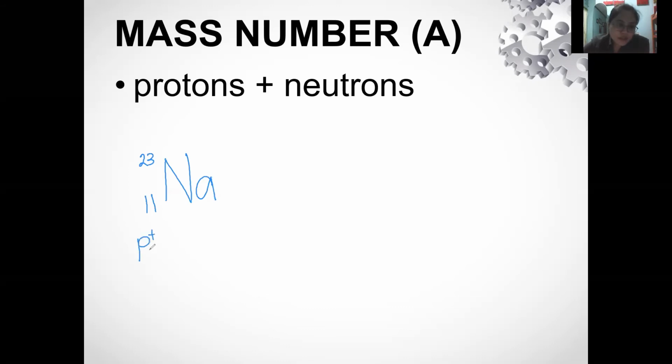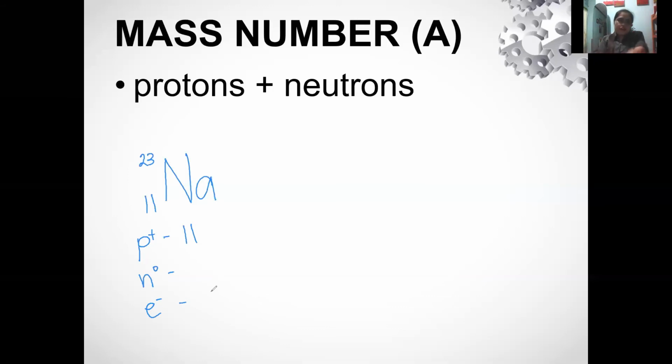So, you have protons, neutrons, and electrons. Ayan. So, again, pag tinanong kayo, kung ilan ang protons sa sodium, ang titingnan nyo lang ay yung atomic number niya, which is 11.